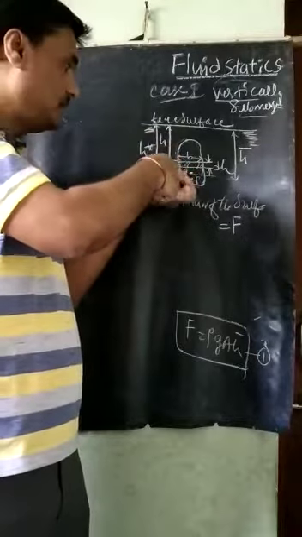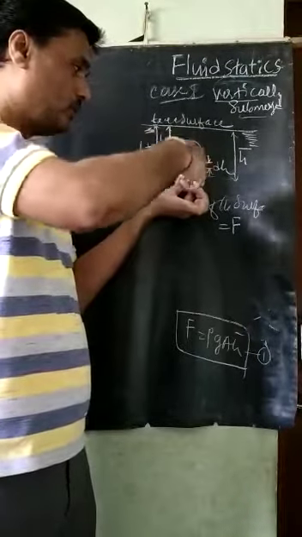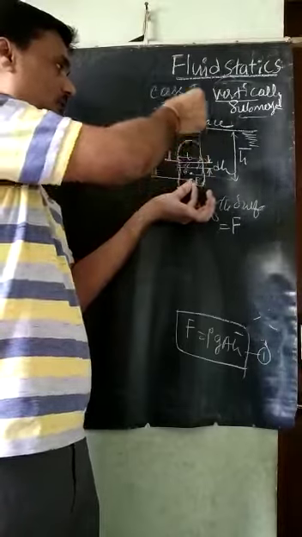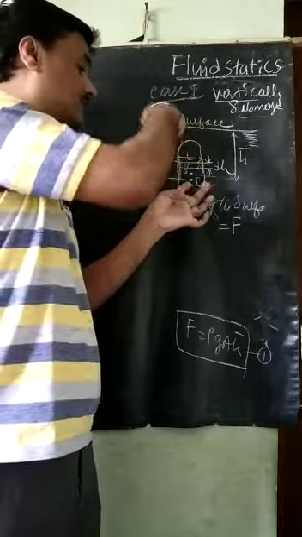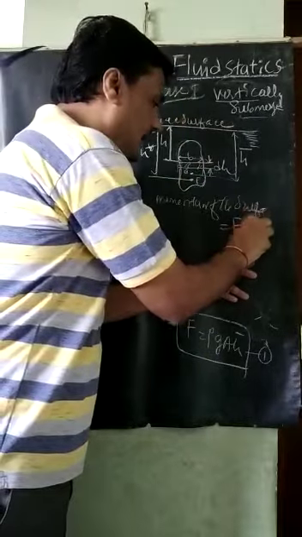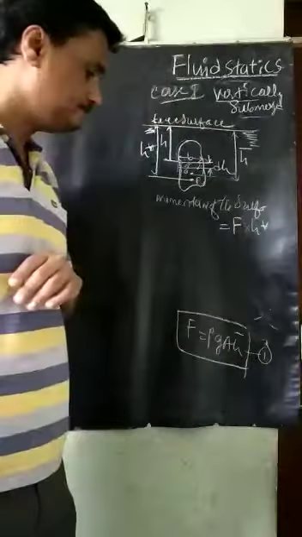From that center of pressure, the perpendicular distance is h star.